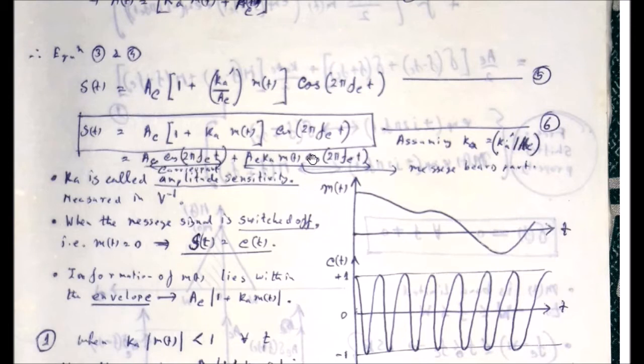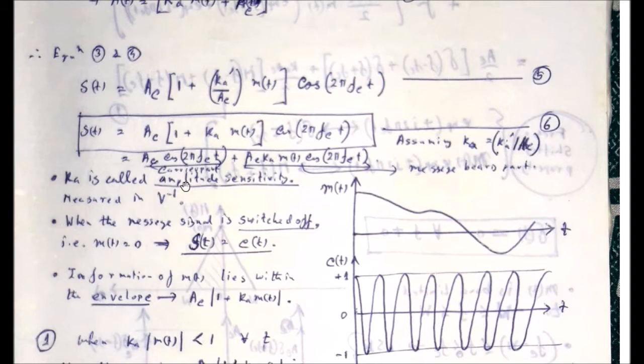And the second term is nothing but the multiplication of the carrier signal and the message signal, multiplied by some constant Ka. Now Ka is called the amplitude sensitivity factor. It has the unit of volt inverse.